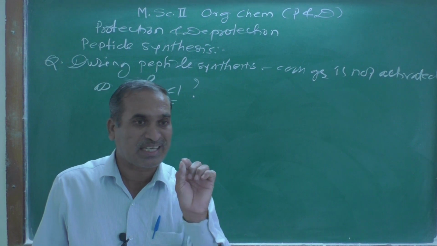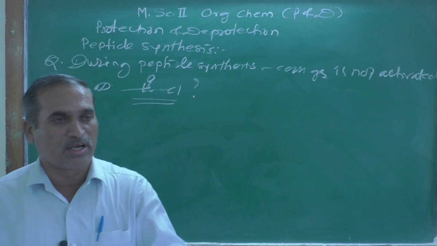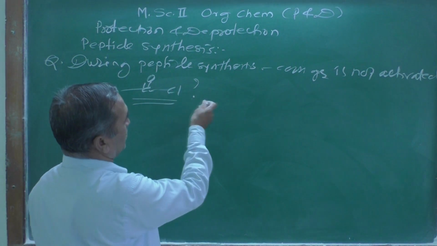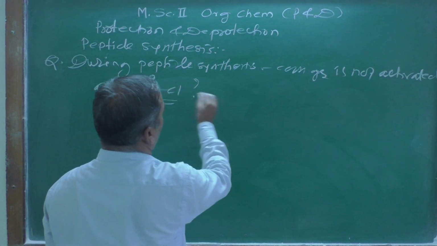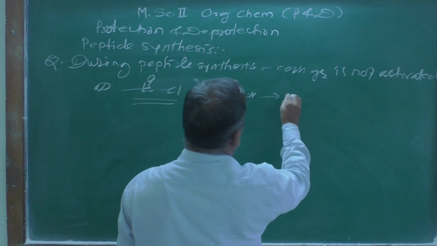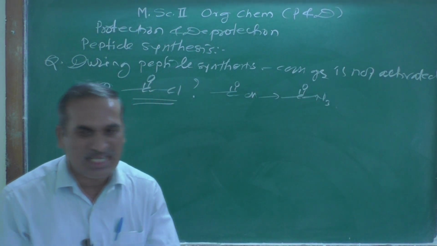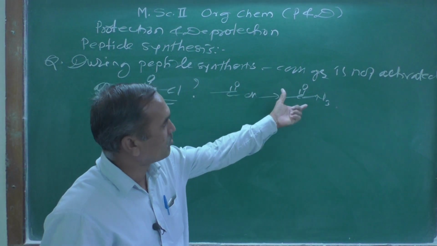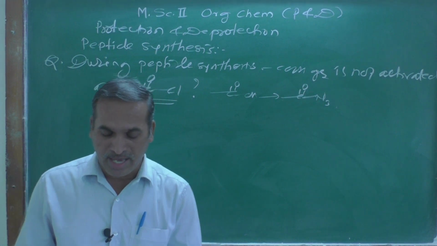Now the second key point: the COOH group is generally converted into acyl azide. What is the alternative? The alternative is that this C double bond O group can be converted into C double bond O N3, that is an acyl azide. Instead of this, we can convert the carboxylic group into acyl azide.